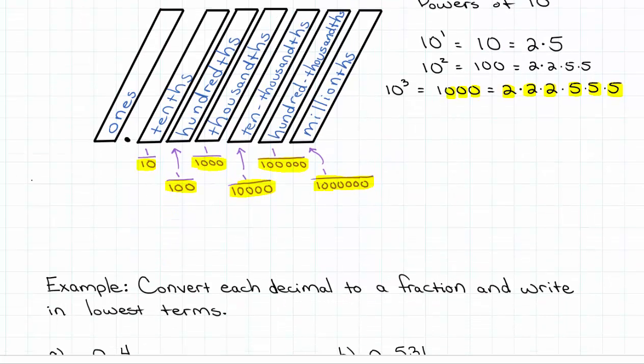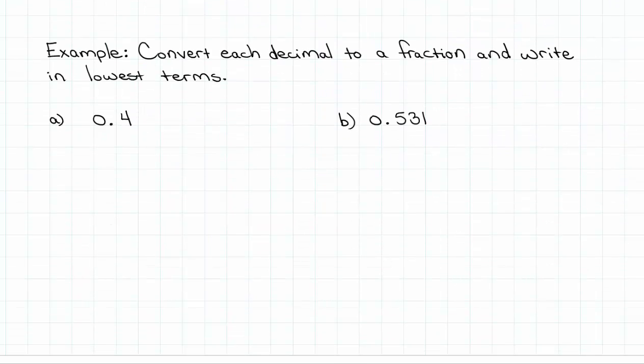All right, let's do an example here. We're going to convert each decimal to a fraction and write in lowest terms. For the first one, I notice that the 4 is in the tenths place value.